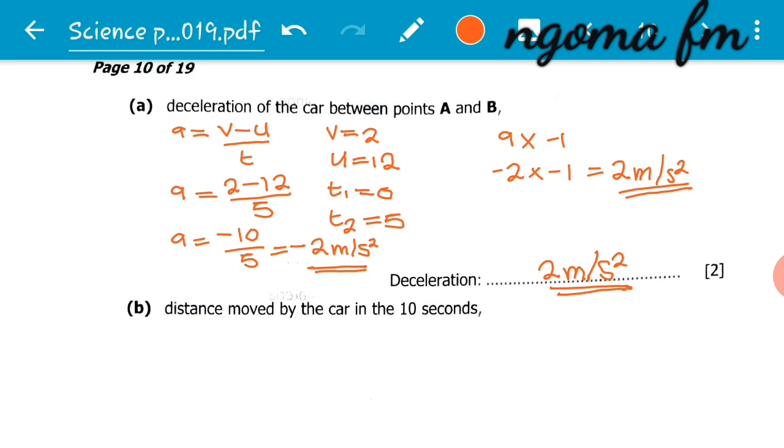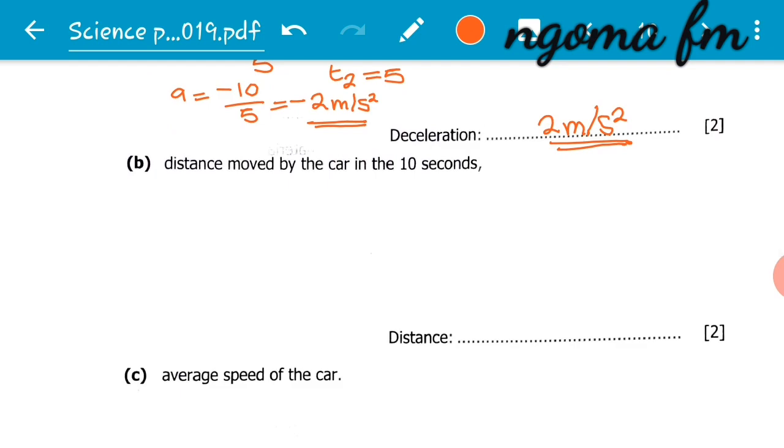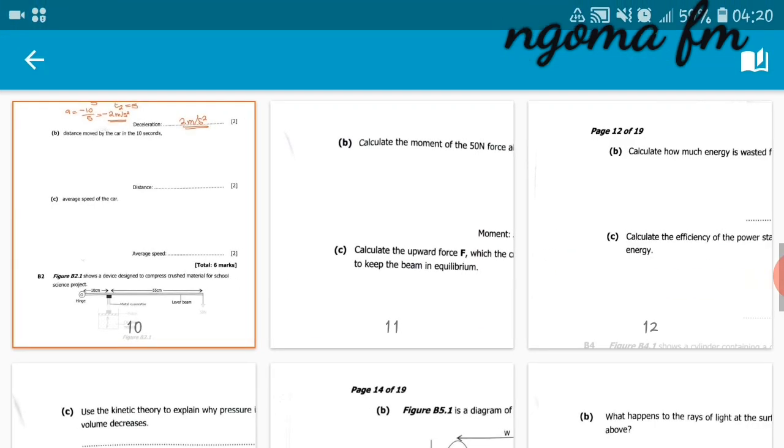Now, the second part of the question is the distance moved by the car in 10 seconds. The distance moved by the car in 10 seconds. Now, when it comes to distance, we always take note of the following.